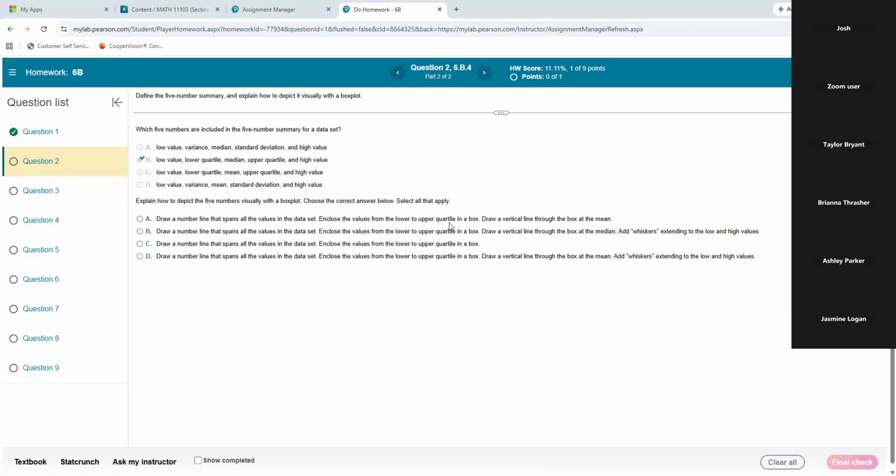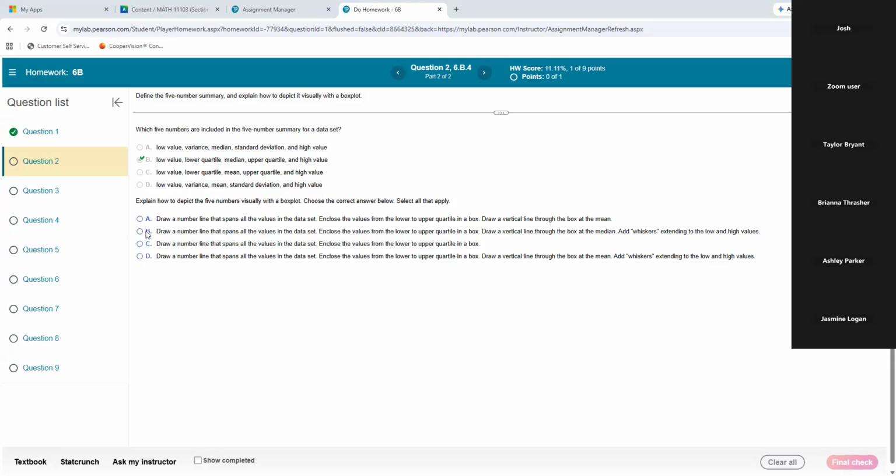But then it says, draw a vertical line through the box at the mean. Number 2 says, draw a number line that does all the values. Enclose the upper and lower. But now look here, draw a vertical line at the median. That's exactly what we did. And then we added the whiskers from the low and high values.